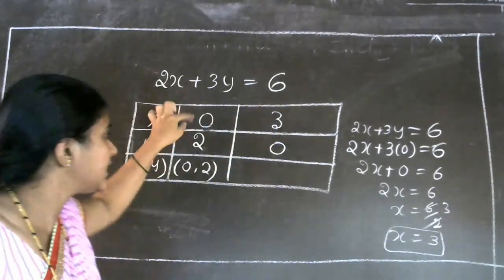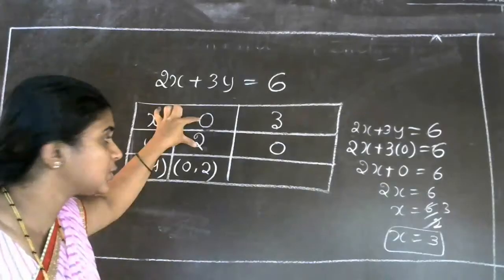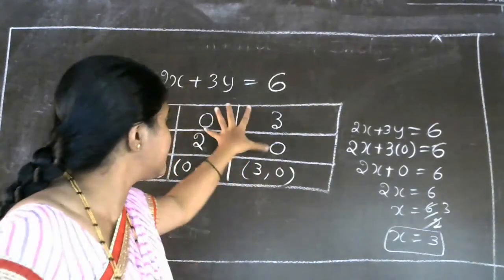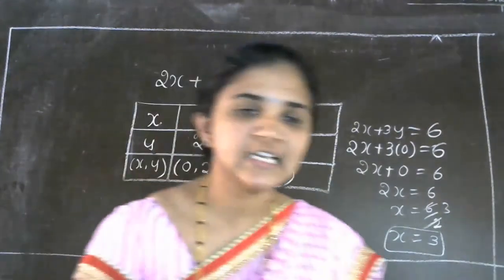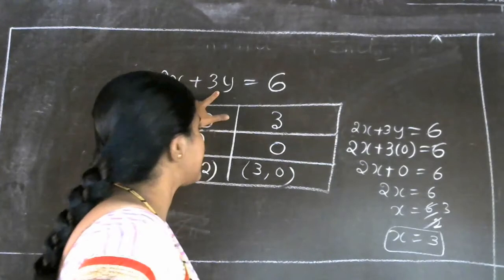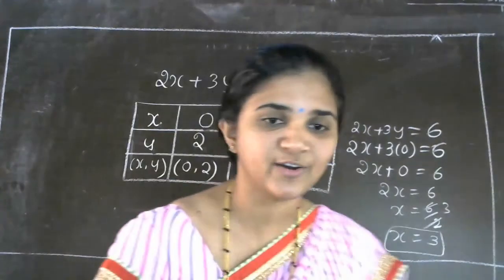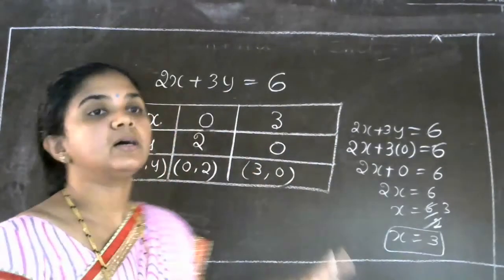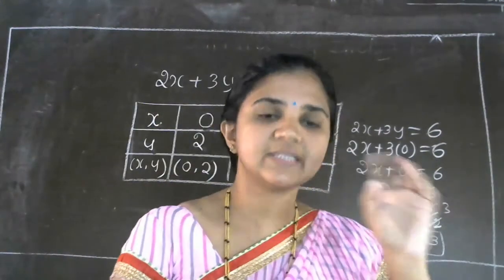So these are the two solutions: (0, 2) is one solution and (3, 0) is another solution. By using these two solutions, we can easily draw the graph of the linear equation in two variables, 2x plus 3y is equal to 6. We need this topic in this class because I'll give two equations now on the same graph paper.